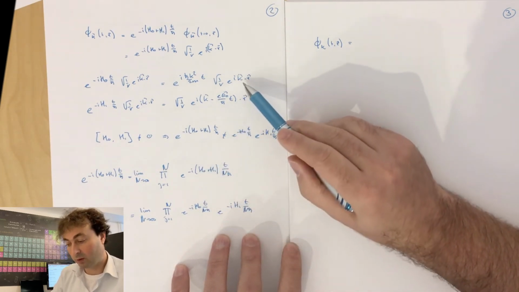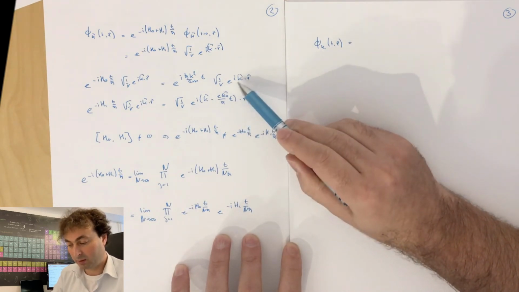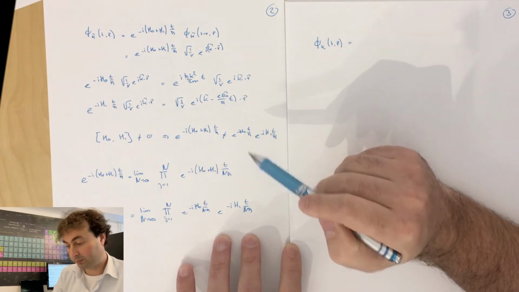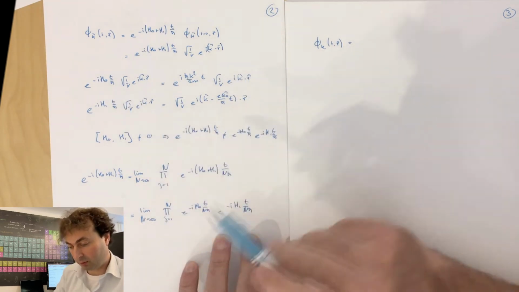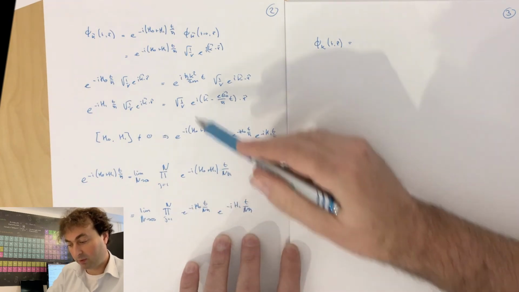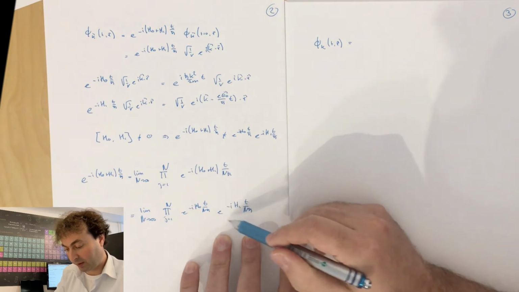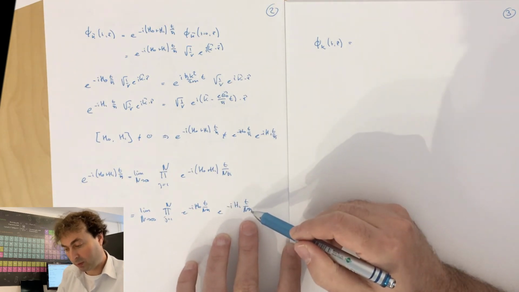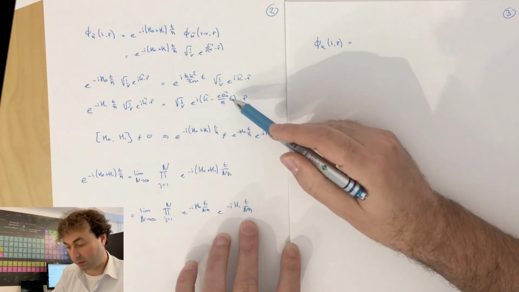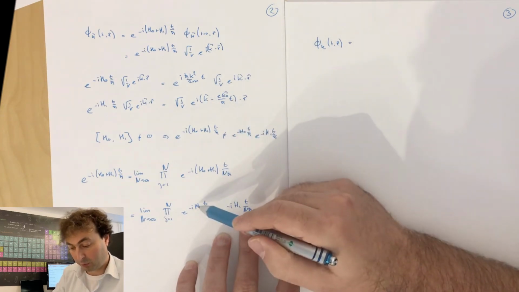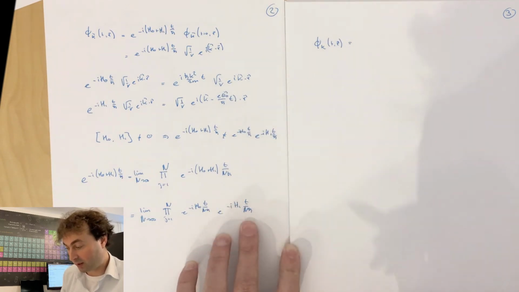We don't have the original function e to the i k dot r, but we now have k minus some shift. That is, however, still an eigenstate of h0. So this propagation will just give me some additional phase. Then I propagate with h1 again. It doesn't matter what the k vector is with which I start, so that gives me a shift. Then I propagate with h0, that gives me a phase, a shift, a phase, a shift, a phase.